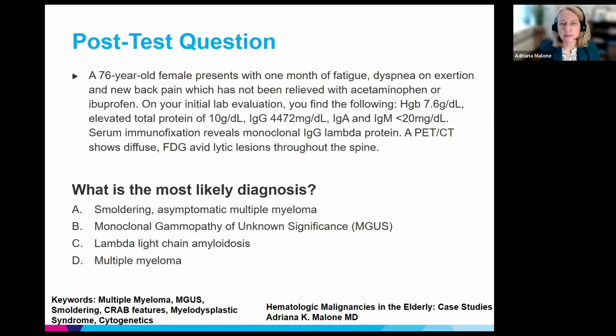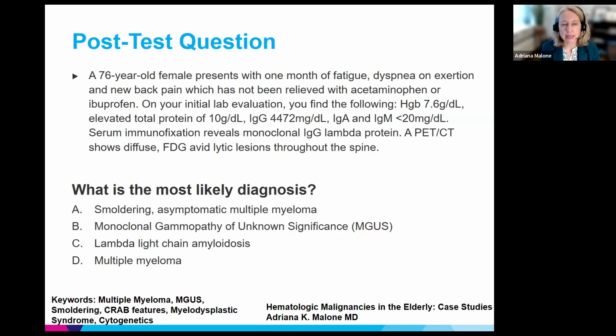On your initial lab evaluation, you find the following: hemoglobin 7.6, elevated total protein of 10, IgG 4,472, IgA and IgM less than 20. Serum immunofixation reveals monoclonal IgG lambda protein. A PET-CT shows diffuse FDG-avid lytic lesions throughout the spine. What is your most likely diagnosis?